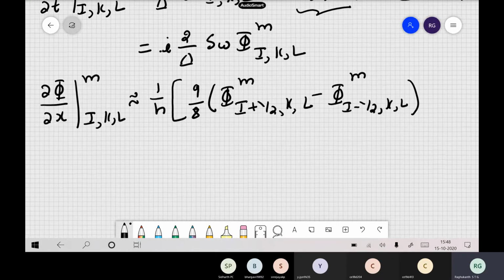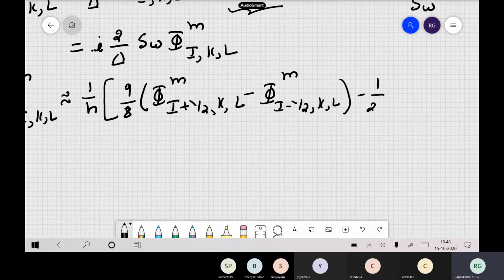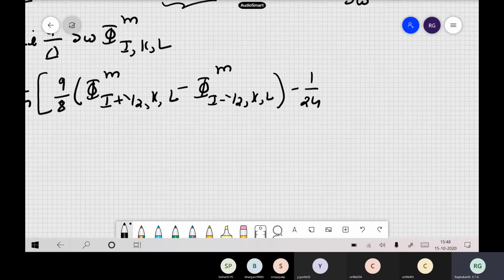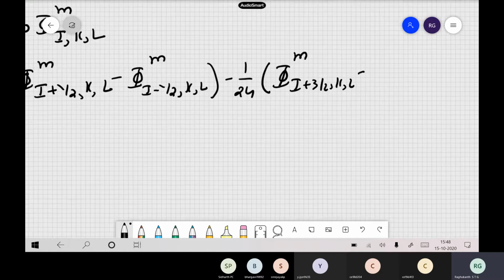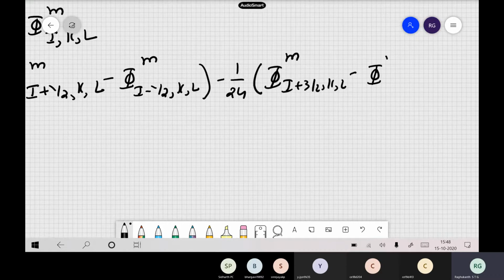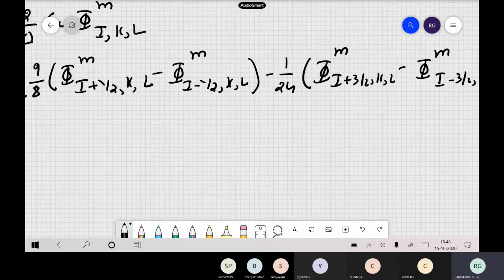So this is this term, minus 1 by 24, because my scheme is 2,4, okay, second order in time, fourth order in space. That's why we are writing like this: φ m at I plus 3 by 2, k and l, minus φ m at I minus 3 by 2, k comma l. So this is my fourth order derivative.